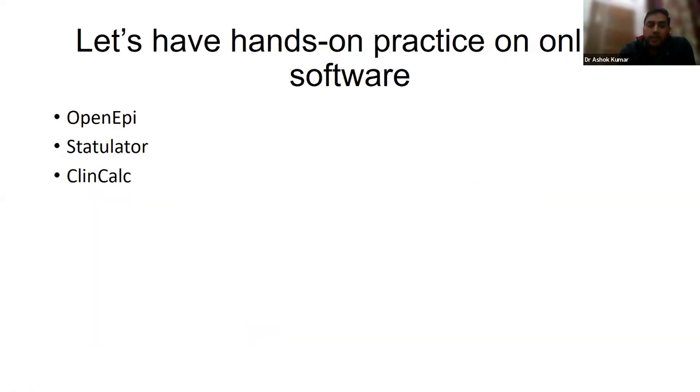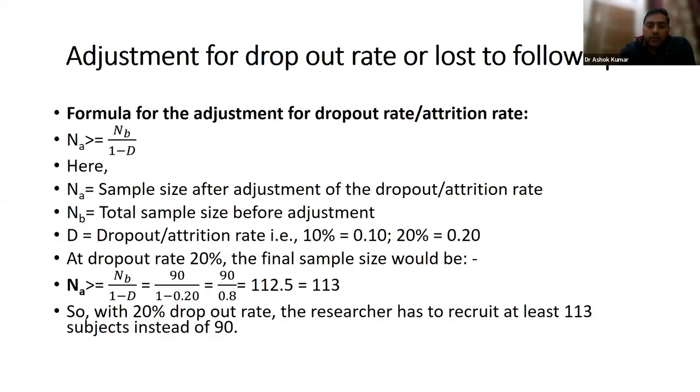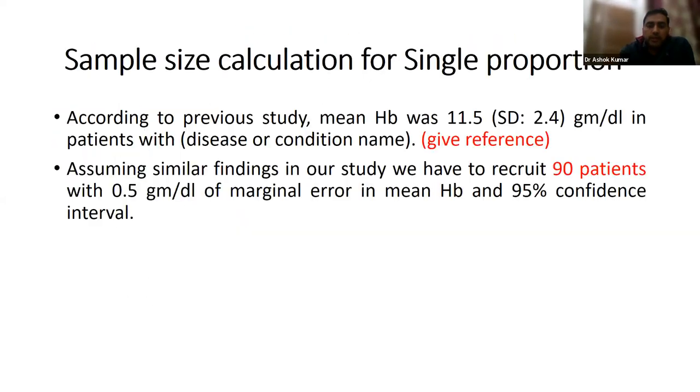And for the paragraph, what do we have to write here? According to a previous study, mean HB was 11.5 and SD was 2.5 gram per deciliter in patients with any disease or condition. We have to give the reference also. Assuming similar findings in our study, we have to recruit 90 patients with 0.5 gram per DL margin of error in mean HB and 95% confidence interval.